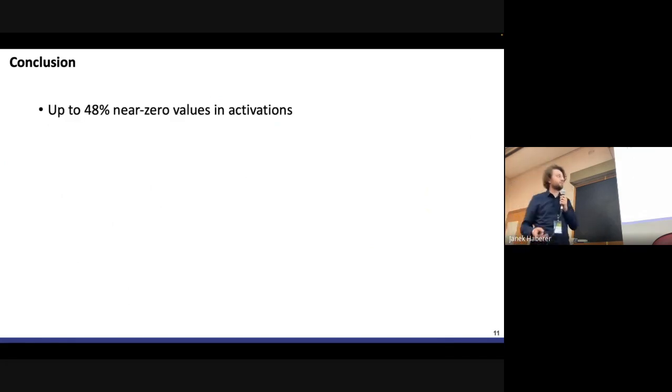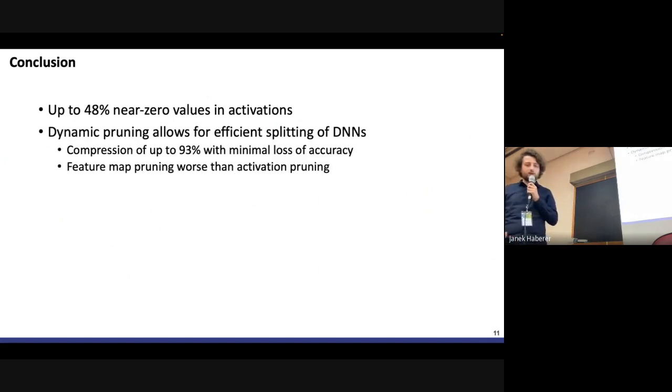So what are the conclusions? We show that there's certain sparsity in individual layers in neural networks, up to 48%, depending on where we look. If we use this dynamic pruning, we can slightly more efficiently split these neural networks and reduce the amount of data we have to transmit.